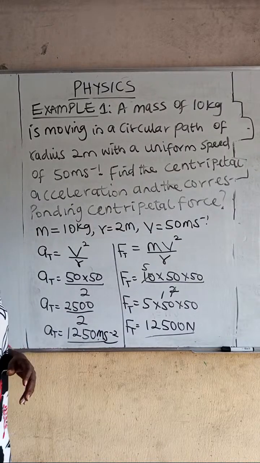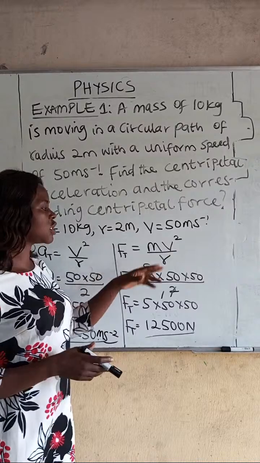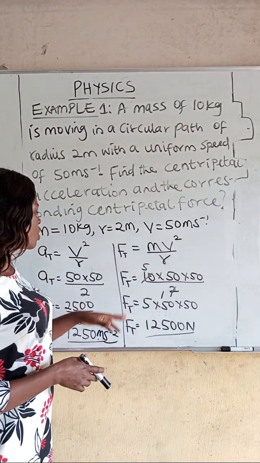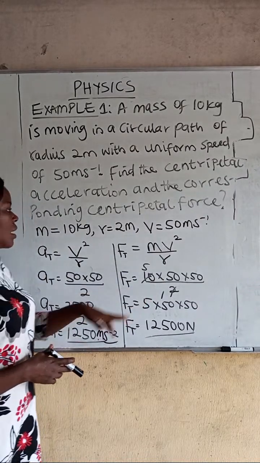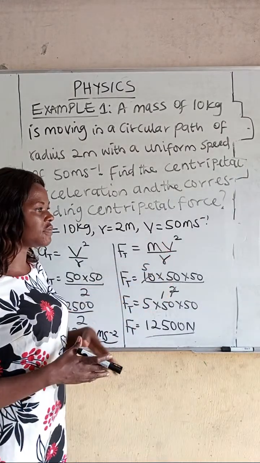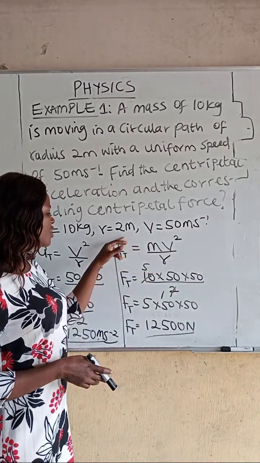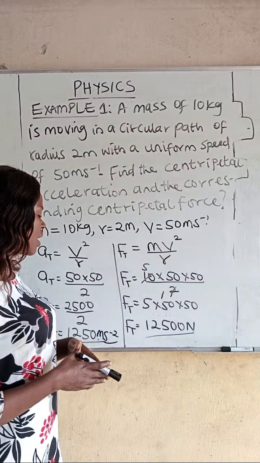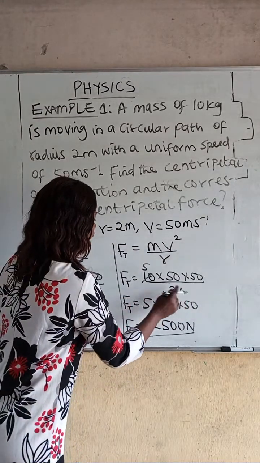Okay, so for us to get the centripetal force, our formula becomes mv square over r. All right, what is my mass? My mass is 10. I have 10 times my speed is 50. That is 50 square. So I have 50 times 50 divided by my radius, which is 2. Okay, if 2 should divide itself, it's going to give us 1.